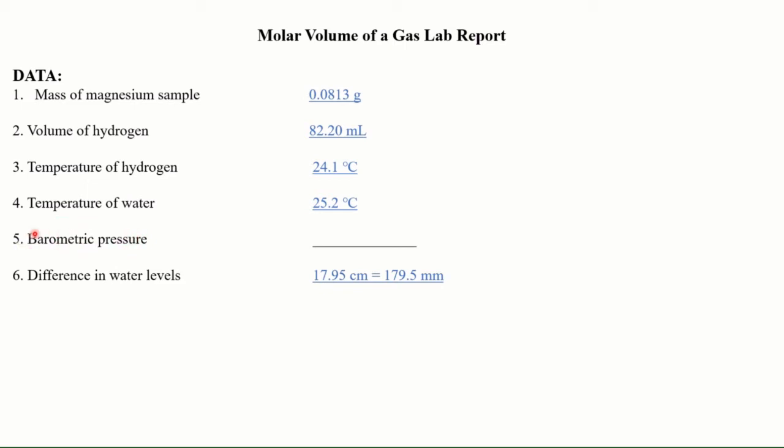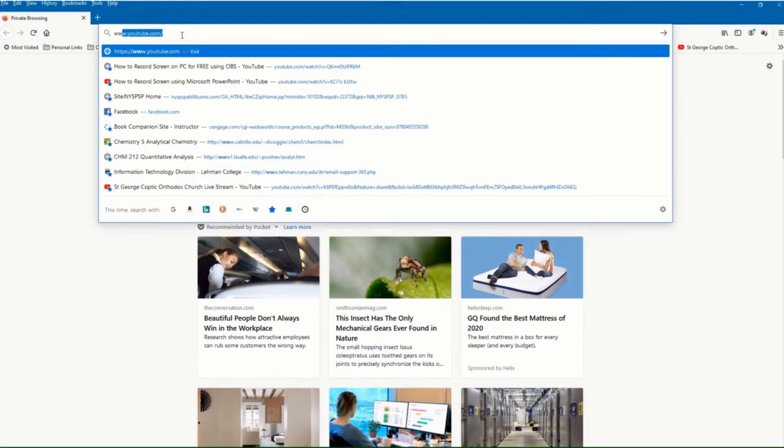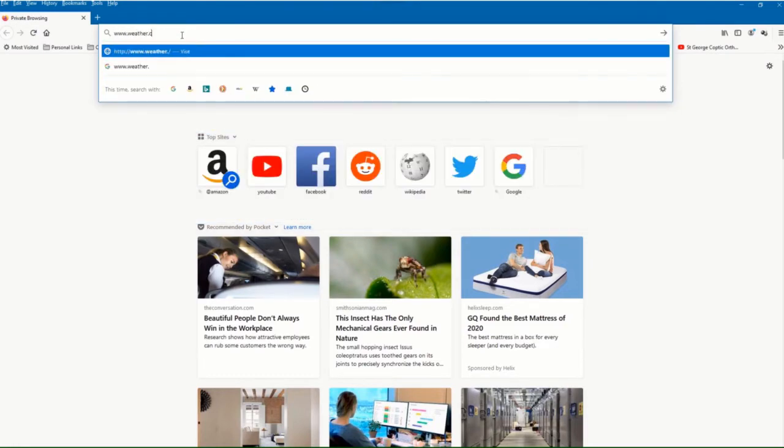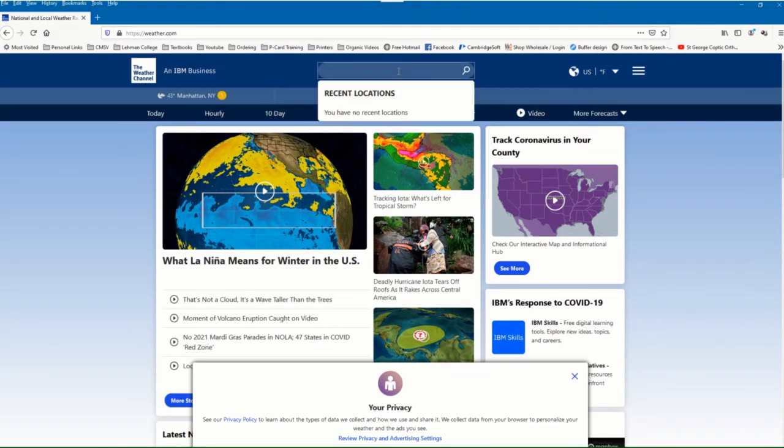Okay, we did not take the barometric pressure, so to show you how to get it, if you do not have a barometer available in the lab, we can open our browsers and go to weather.com, search for the zip code where the experiment was conducted and hit enter.